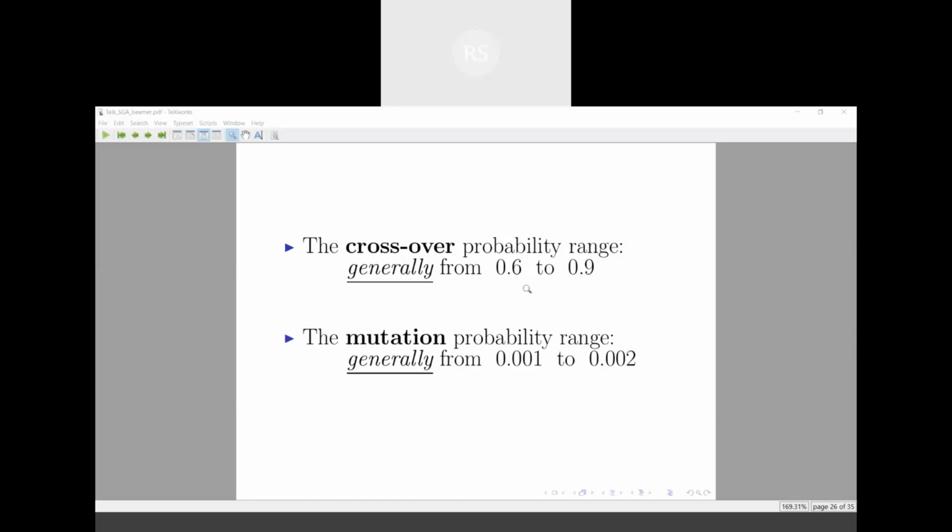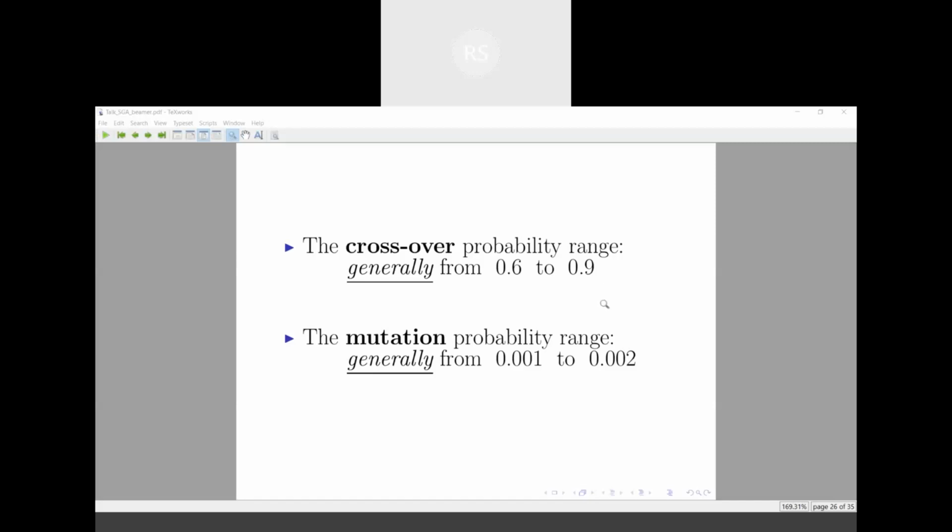Now, you will question what is the sanctity of 0.6 or 0.9? Can it not be 0.92? Can it not be 0.59? Please note, these are all fuzzy decisions. Nobody can state with a firm mathematical figure that in nature the probability of crossover is this much. You will agree with me. So, in general, we say that the crossover probability is 0.6 to 0.9, right?